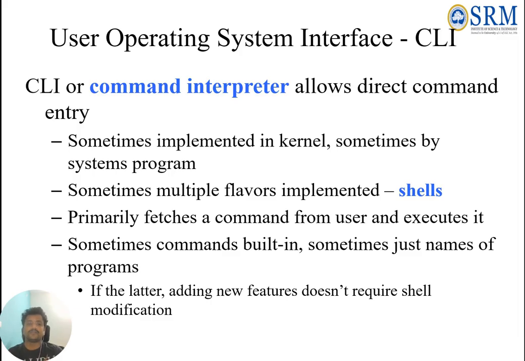First, we will be going to see about the CLI, command line interface, or command interpreter, which is a direct command entry available with that particular OS, and it will be implemented inside the kernel by the system program. This command interpreter is implemented as a shell, and its primary process is to get the command from the user and try to execute it inside the OS.